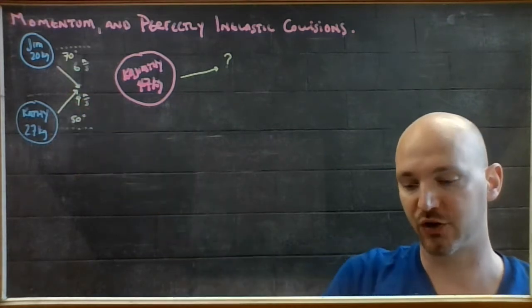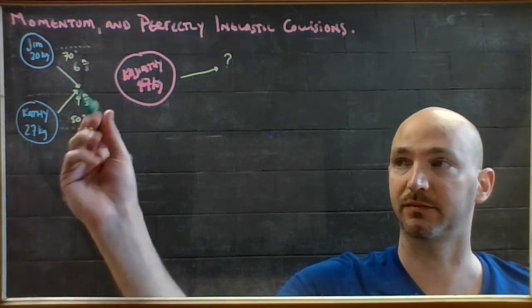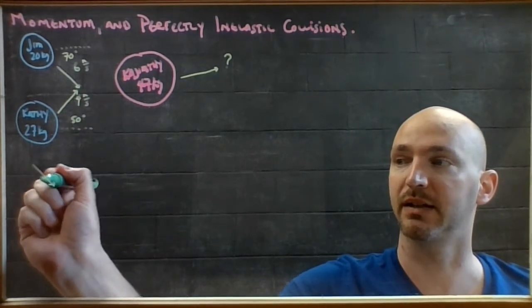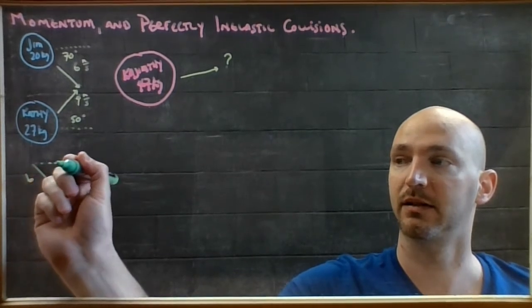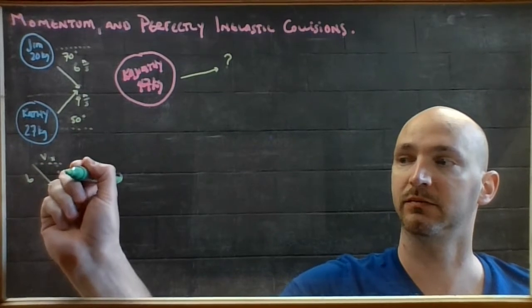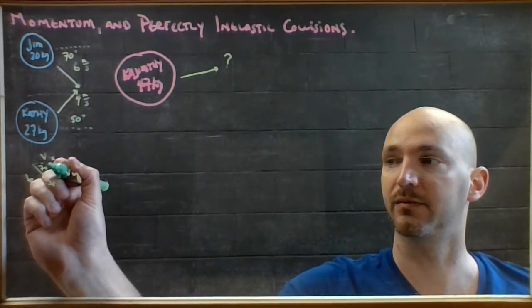So if we work on Jim first, we'll start with his velocity vector. So Jim is headed this way at 6, and we have a Vx and a Vy. And this angle in here is 70 degrees.